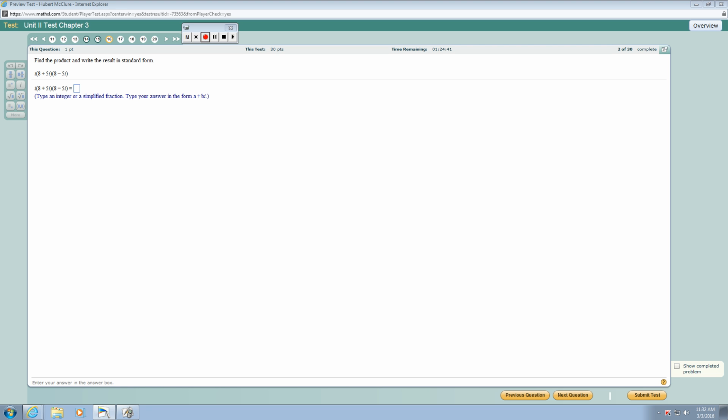I remember somebody asking me a question about this shortcut right after class. Of course it looks like a plus b times a minus b, and a plus b times a minus b is equal to a squared minus what? b squared, is it?